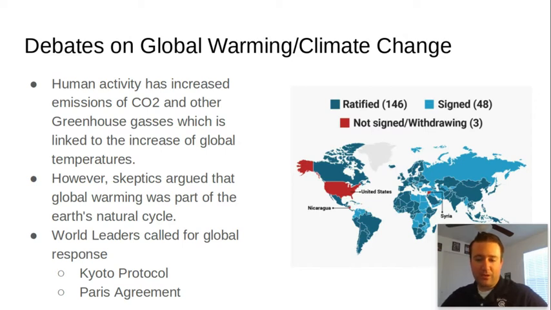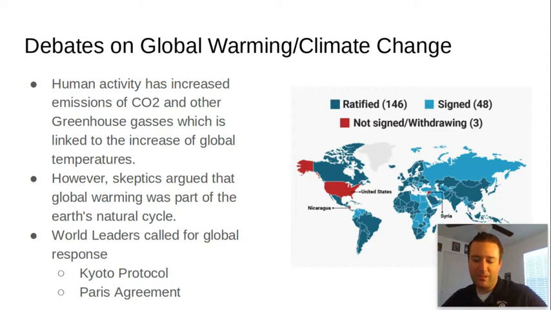Despite the fact that there are skeptics, there are many world leaders who have called for a global response, to work as a world community to lessen the effects of human activities on the environment, to try to cut down on our emissions of CO2 and other greenhouse gases.